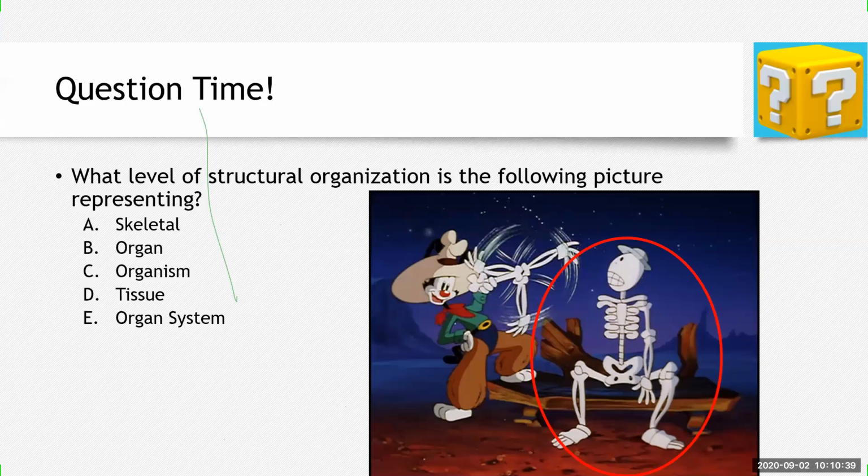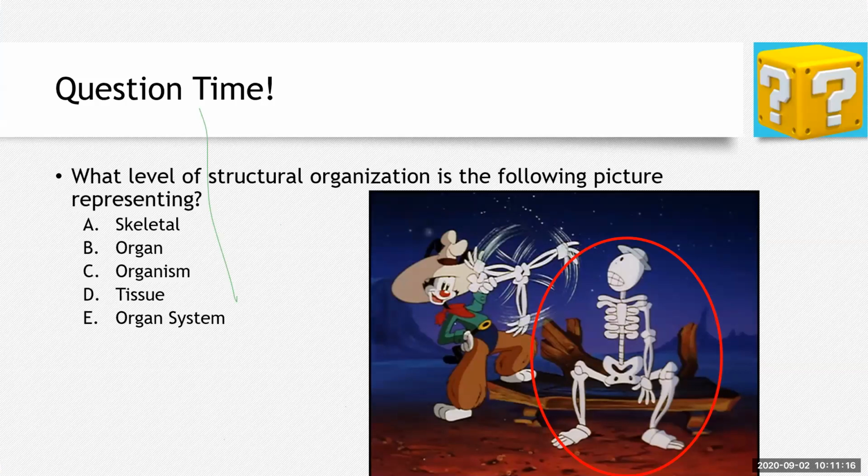Professor? Yeah, there's only bone, so I'm still confused. Okay, remember how we talked about the hierarchy? We said atoms first, but I'm going to start with the tissues. When tissues function together, they make an organ, like the heart. In this case it would be the femur, humerus, ulna, or radius.